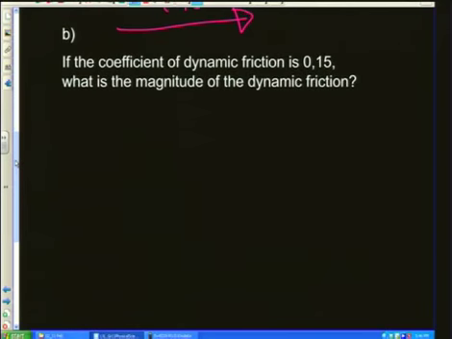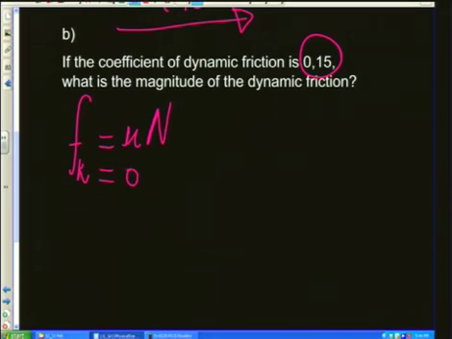The next one, B. It says if the coefficient of dynamic friction, now this time it is moving, is 0.15, what is the magnitude of the dynamic friction? Now, the dynamic friction, which is Fk, would be equal to mu dynamic times the normal. So that will be equal to 0.15 times, what is the normal?